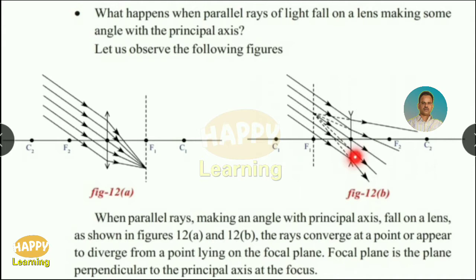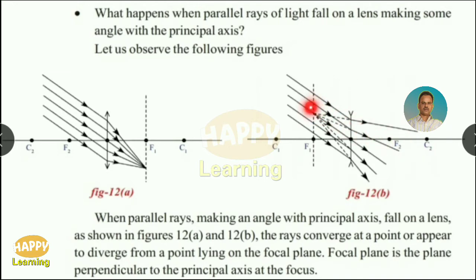Similarly, in case of a concave lens, parallel rays are incident. After passing through the concave lens, these parallel rays refract in such a way that they all appear to start from a point.